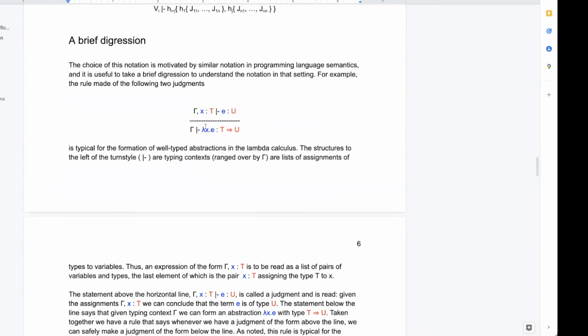So this term is a witness for this particular formula. That's how Curry-Howard is manifesting in this rule for constructing judgments. Any questions about this? It's all bread and butter if you've seen this stuff before, but if you haven't seen it before, it might be a little confusing. So hopefully everyone is comfortable with this notation.